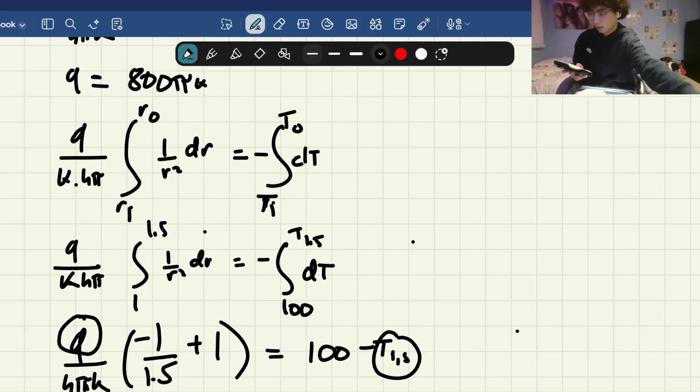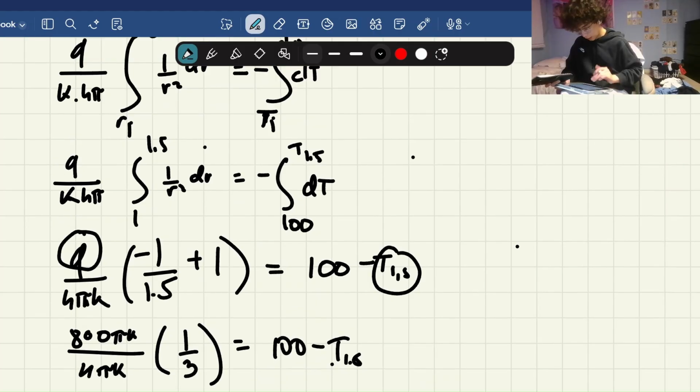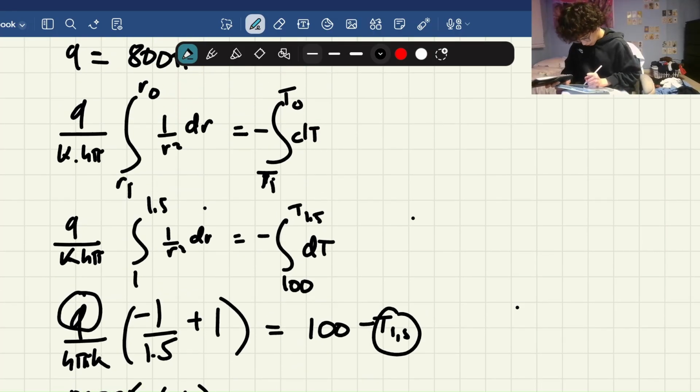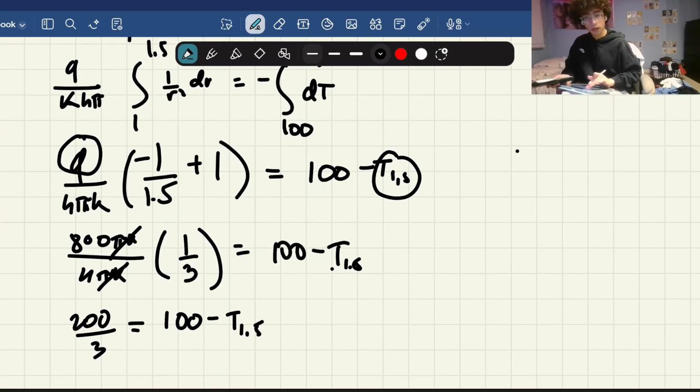That's 1/3 equal to 100 minus temperature at 1.5 meters. And so we cancel out pi k, and 800 over 4 is 200, times 1/3, equal to 100 minus temperature at 1.5.